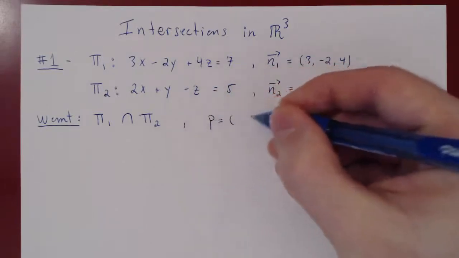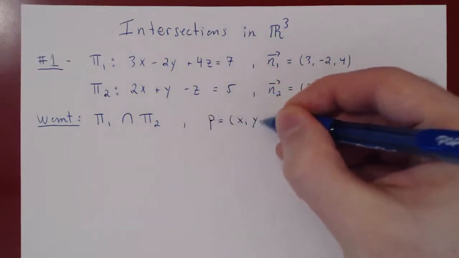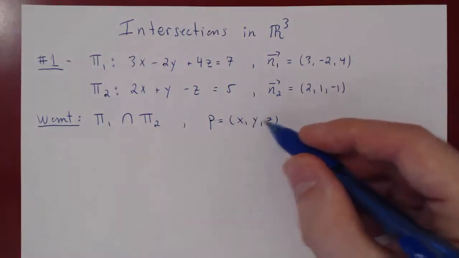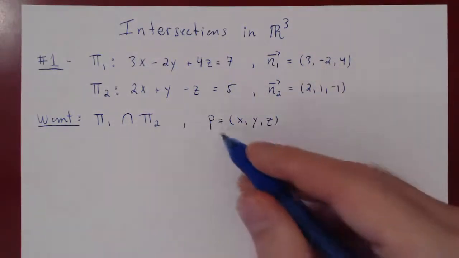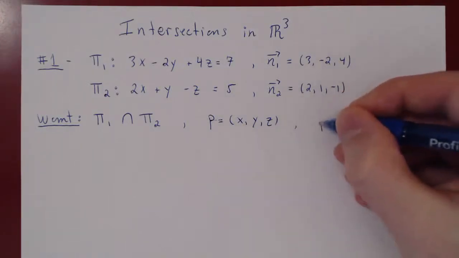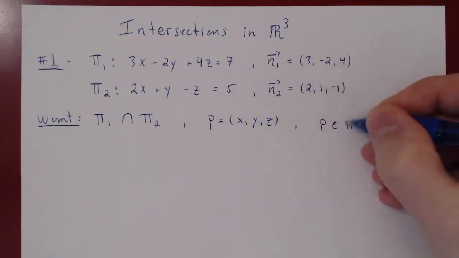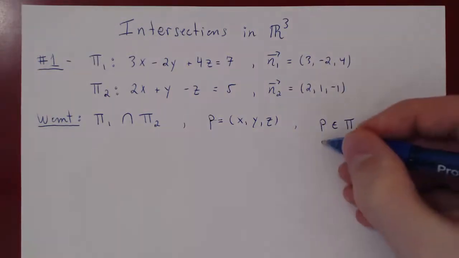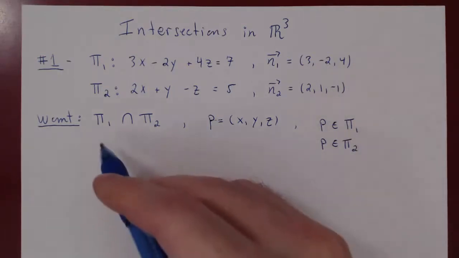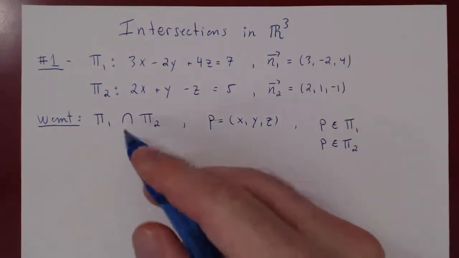So we're looking for points in R3, therefore, with three coordinates, x, y, z are the unknowns, the unknown coordinates of the unknown points, and this point P must belong to pi1 and simultaneously to pi2. That is what the intersection means.